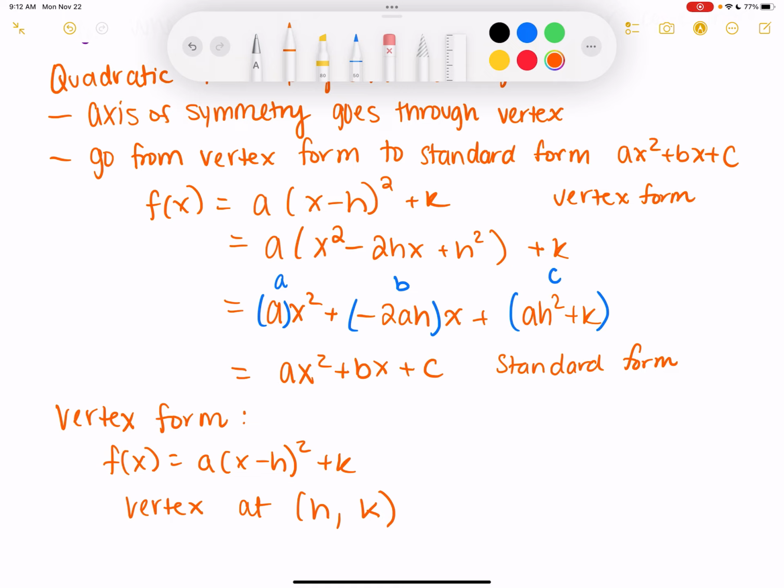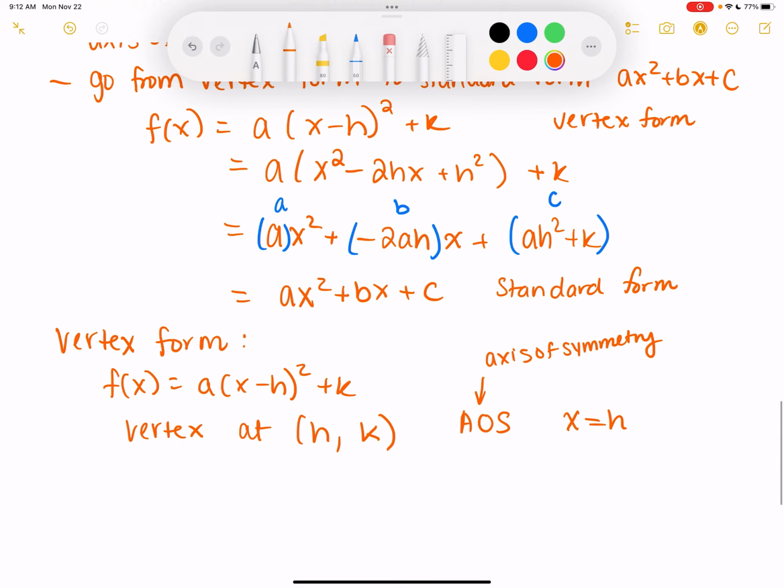Okay, axis of symmetry is that x is equal to h. h is equal to negative b over 2a. So if you had the other form, that's how you would get that. And k is equal to c minus ah squared.